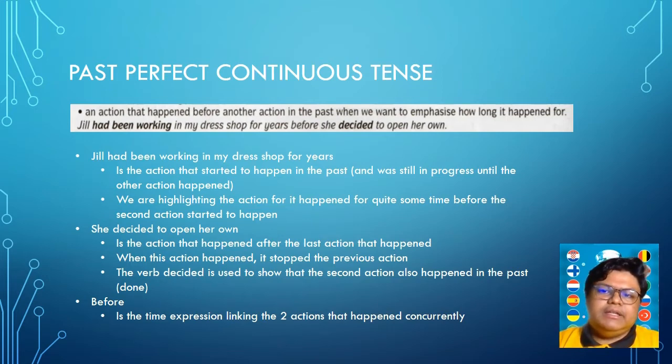Yang ini kita nak cakap pasal benda ni dia tak berlaku serentak. Okay, dia berlaku secara berasingan. Mungkin first action jalan dulu, second action jalan kemudian. Cumanya kita nak highlight kat sini, okay, berapa lama first action tu berlaku.